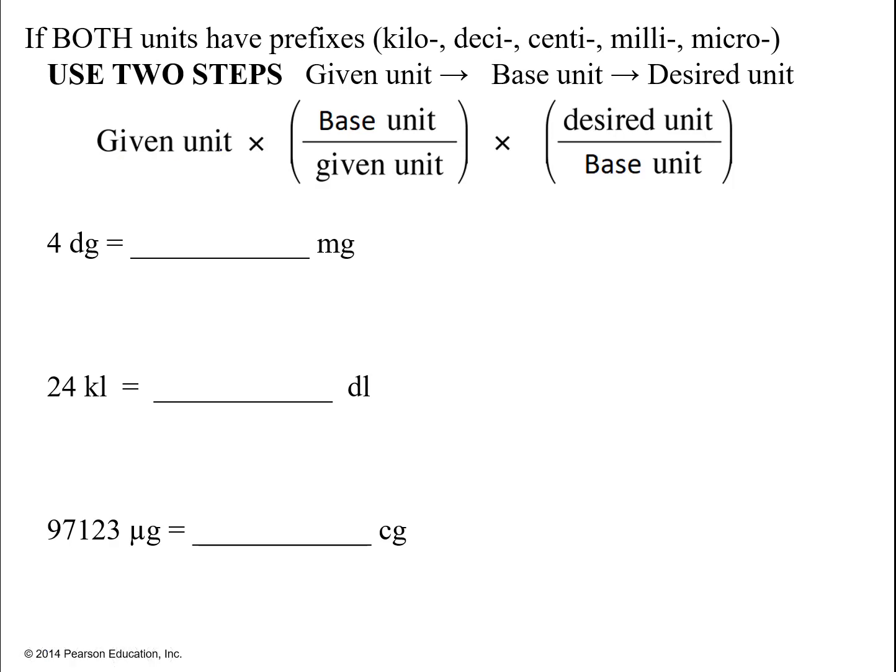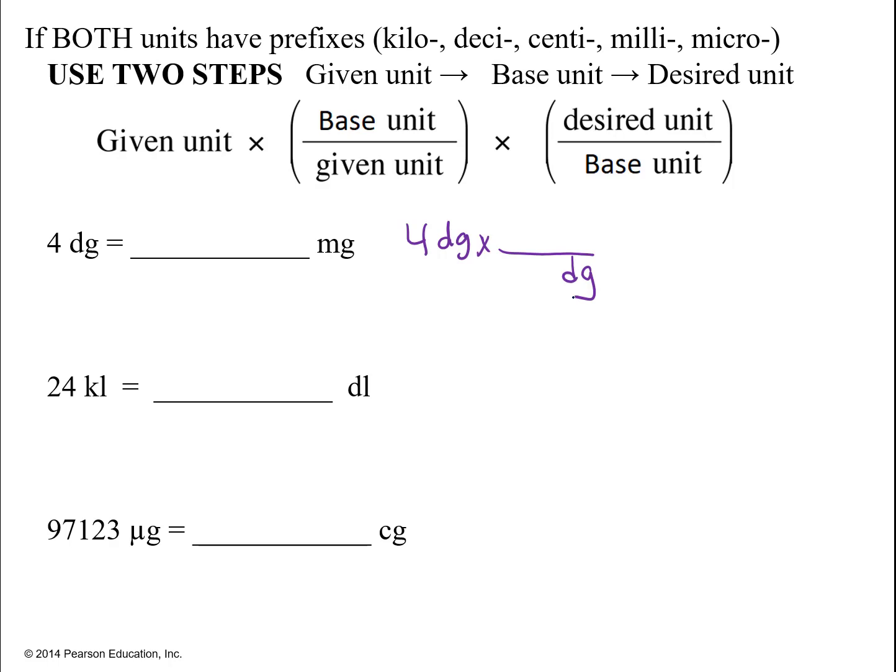I'm still going to start off with my given unit. So this one would be 4 decigrams, D, G, times, and a line, just like before. What do I put on the bottom? DG, right? The unit I start with is always going to be the same. Whatever I start with is always going to go on the bottom in the first step.